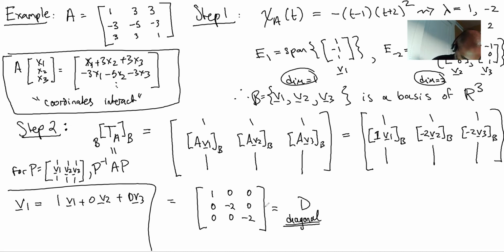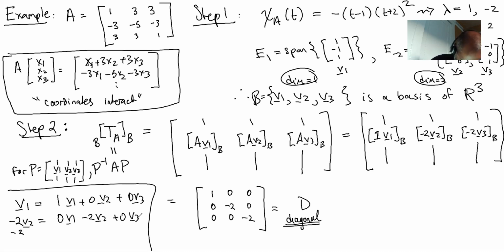Okay, yeah. So this matrix, the columns are the coordinates of 1 times v1 in the B basis. So that's 1, 0, 0 times 1, right? Similarly, the coordinates of minus 2 v2 in the B basis are 0 v1 minus 2 v2 plus 0 v3.